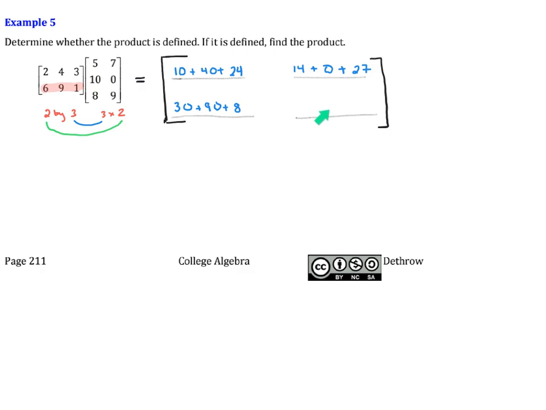Now let's look at the second row, second column. So we'll take 6 times 7, 9 times 0, 1 times 9.